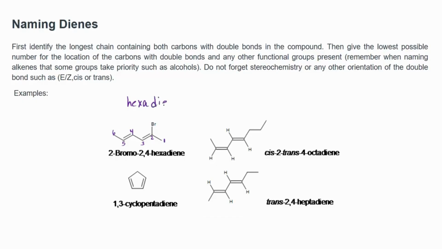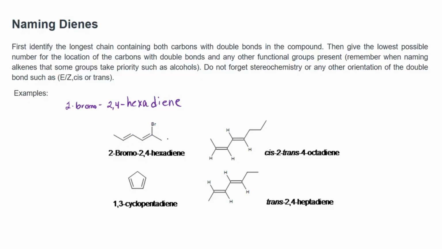So this would be a hexadiene. Now we have to give those pi bonds an address. We have to say where they start, and they start at carbons 2 and 4. Then we go through and name our substituents, giving them an address as needed. So that's how this name comes about.